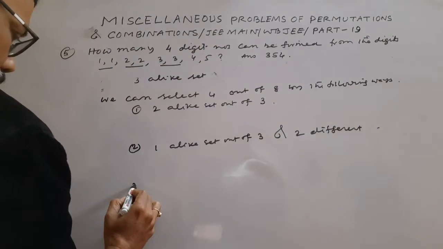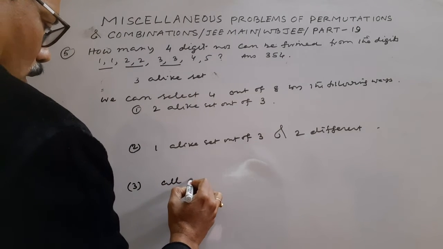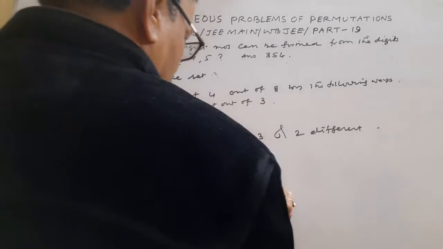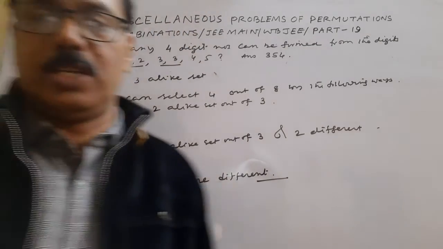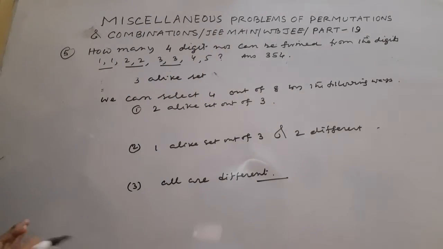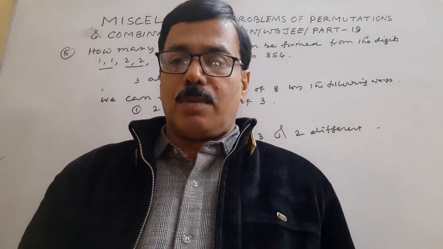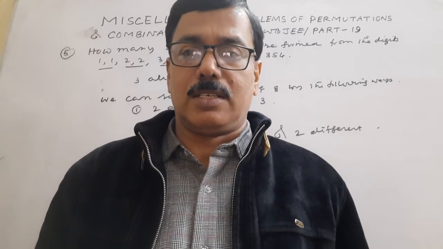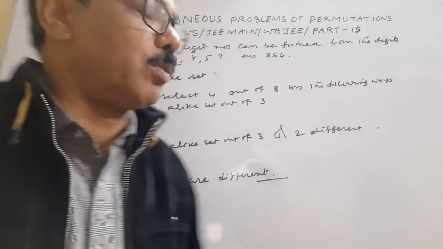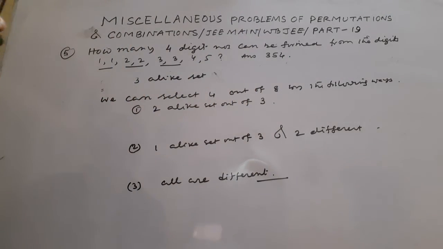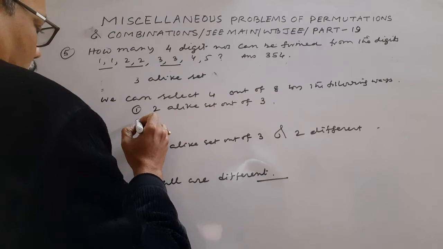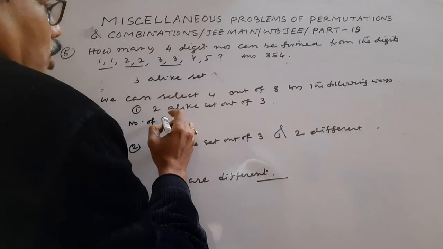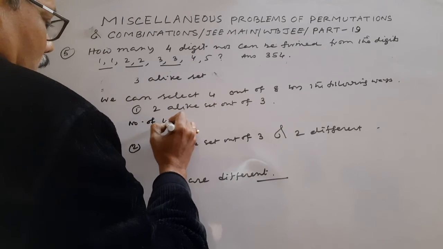And number 3: all are different. So these are the cases. We have already solved this type of problem: find the number of selections taking 4 letters from the word EXAMINATION, MORADABAD. This type of problem. So look, in this case, for the first case, the number of 4-digit numbers.